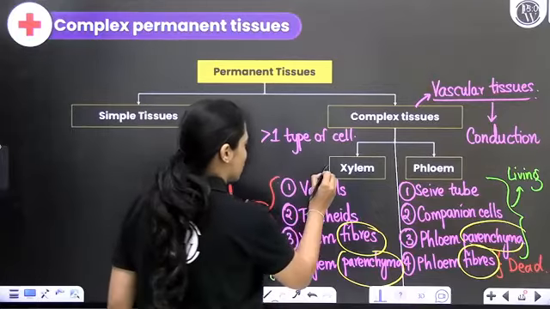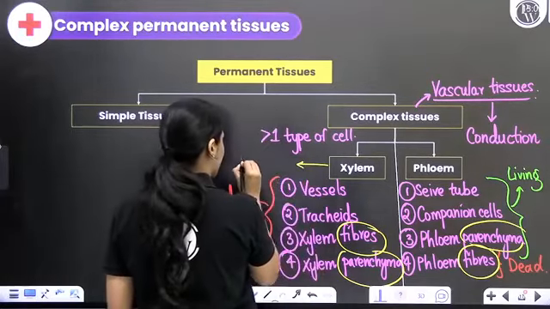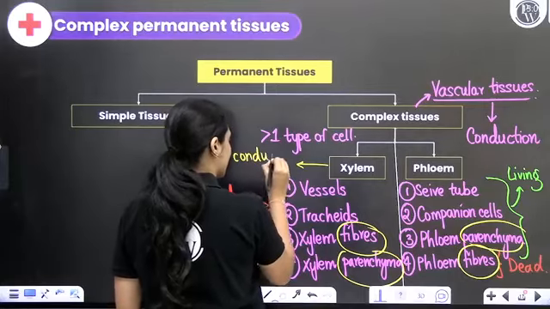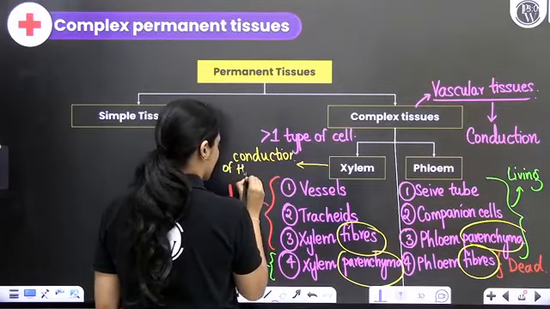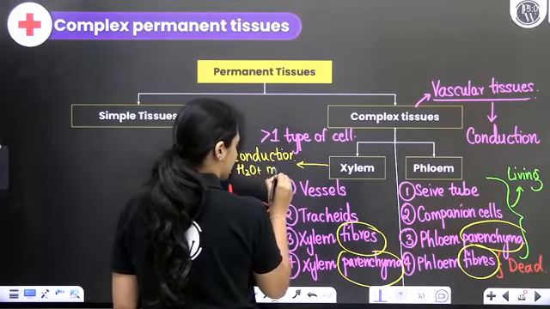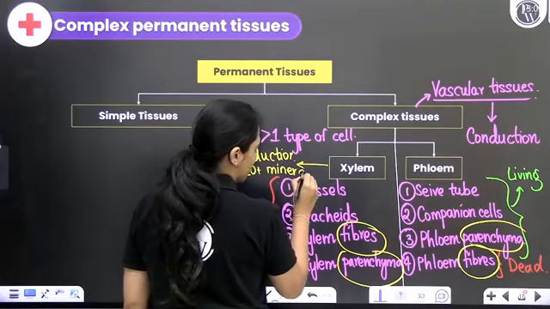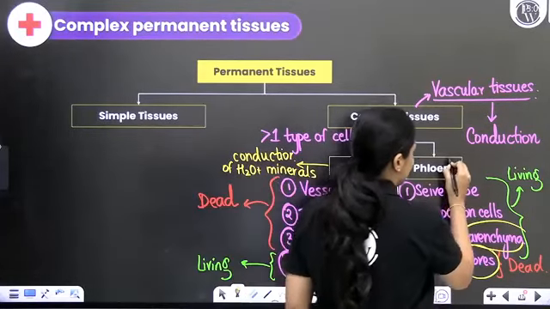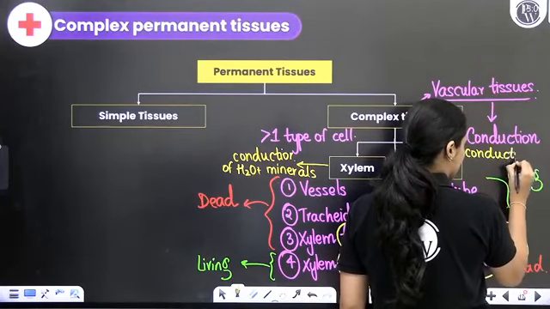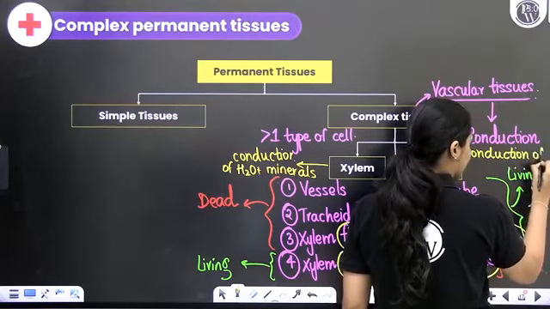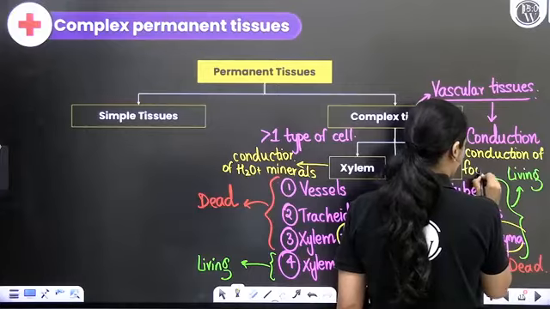Okay. Xylem is involved in conduction of water and minerals. Phloem is involved in conduction of food.